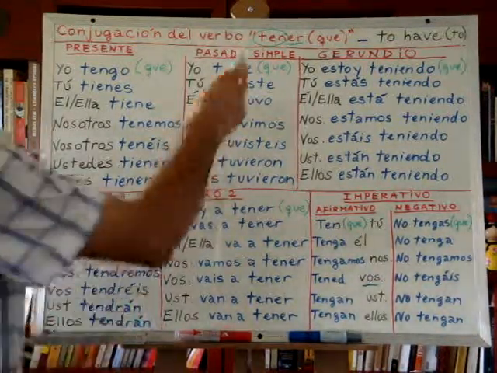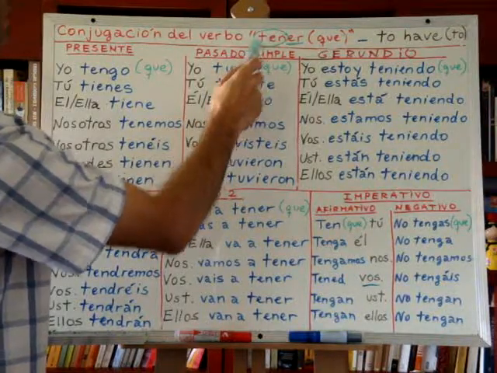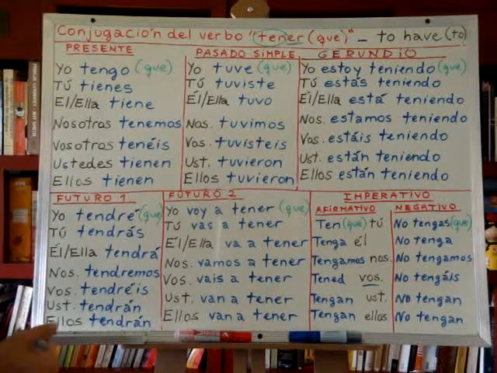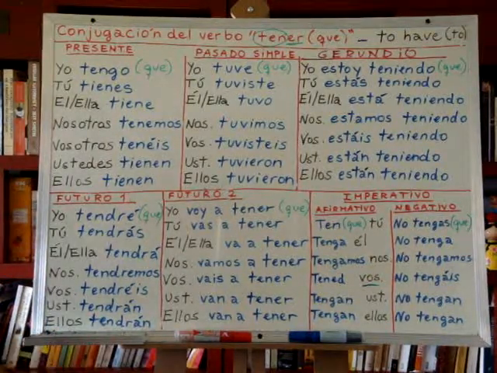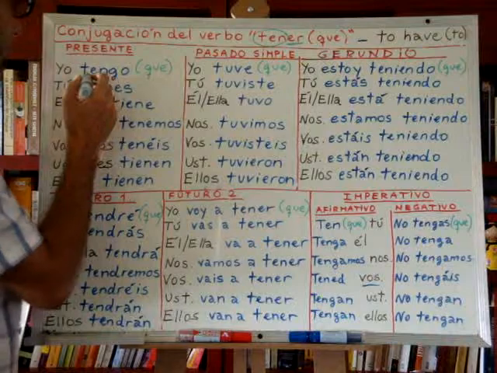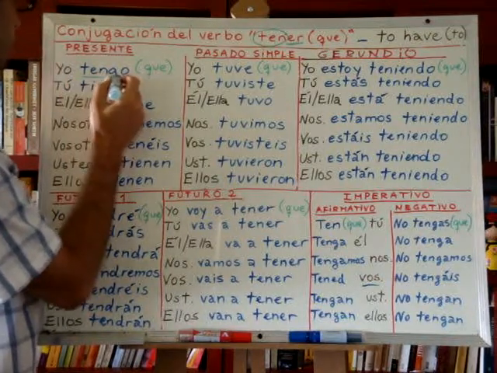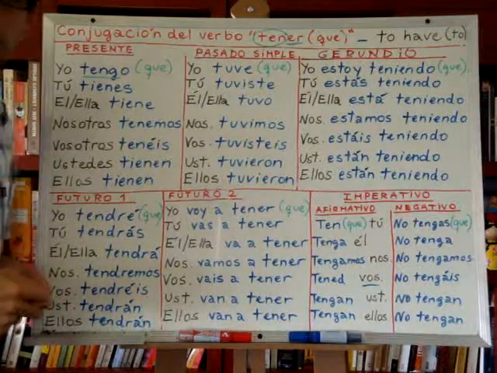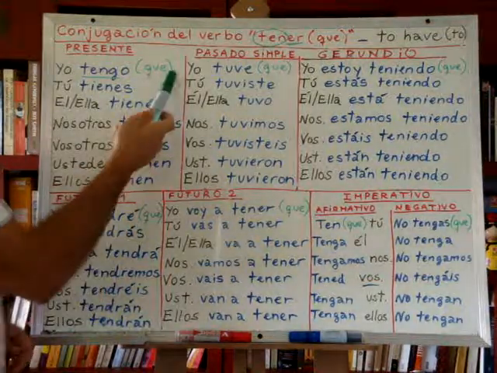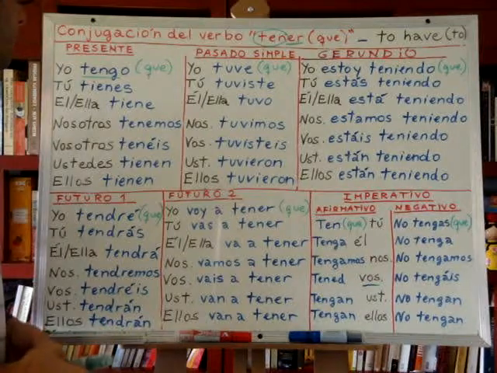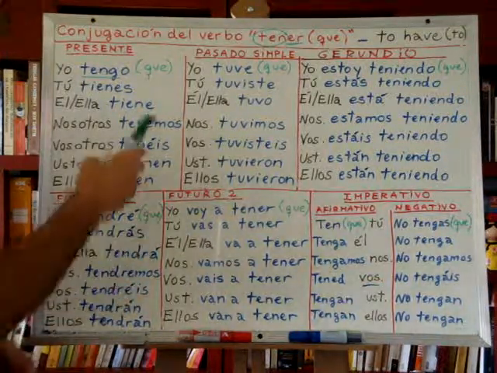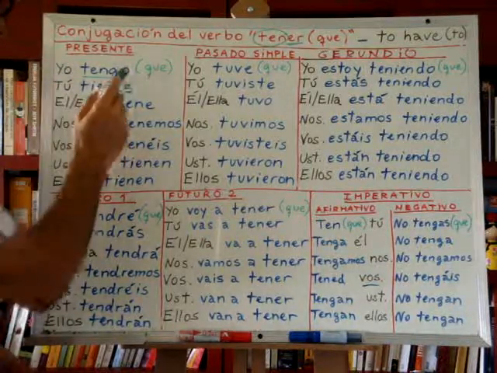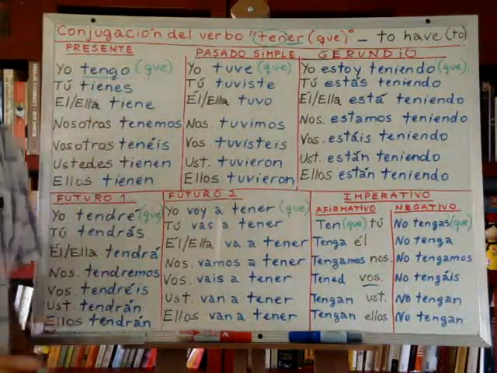Now let's identify where the verb became irregular. Okay? You can see the root of the verb is ten. So where the root has changed, it has become irregular. Here, it's not so noticeable, but it's irregular because it added the G. Okay? And if you remember, when I taught you how to conjugate the verbs, for the present tense, for the I or yo, it just needs to add an O to the root of the verb, right?